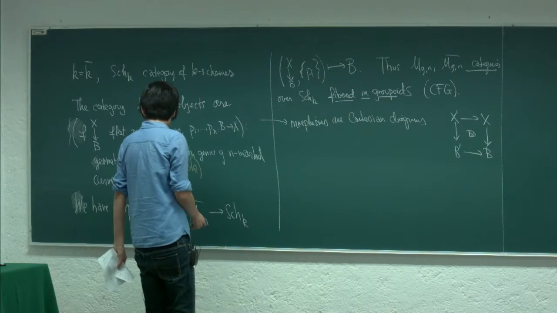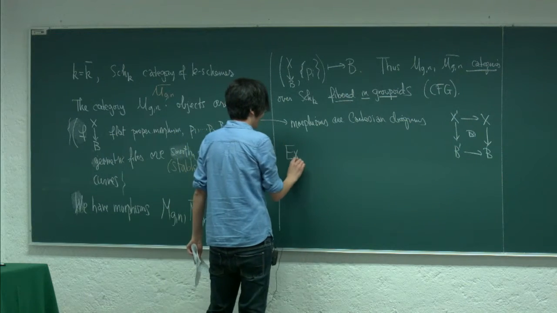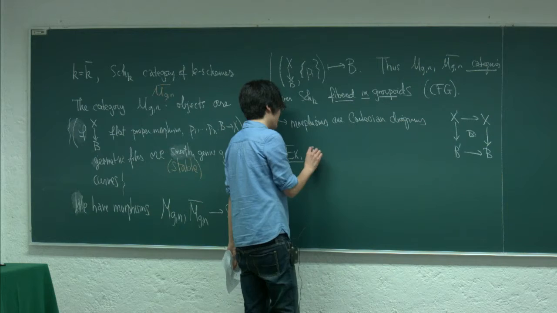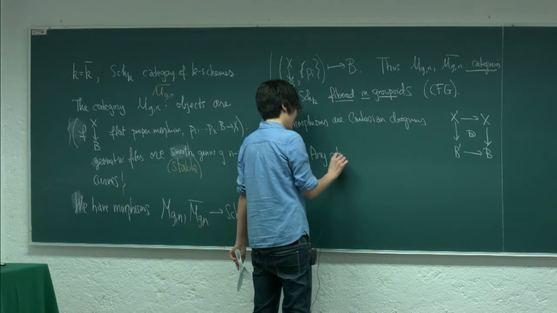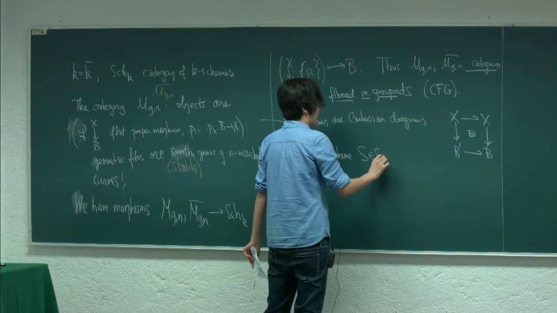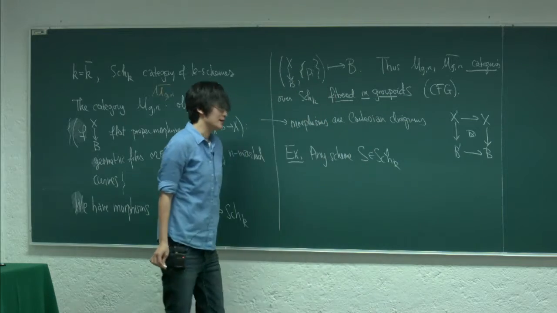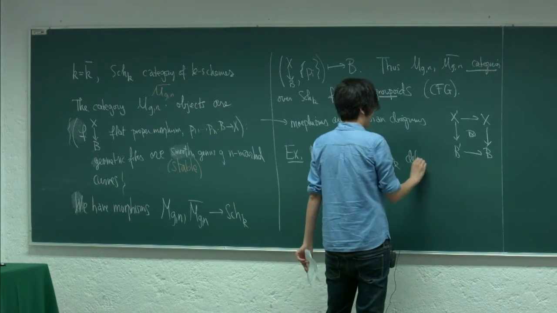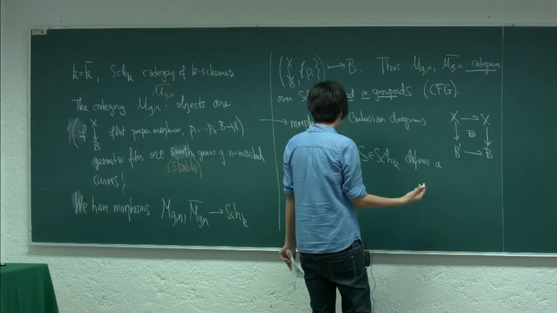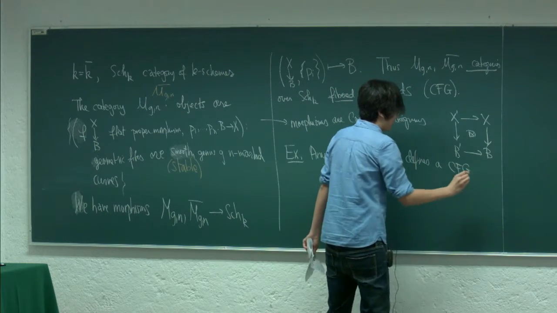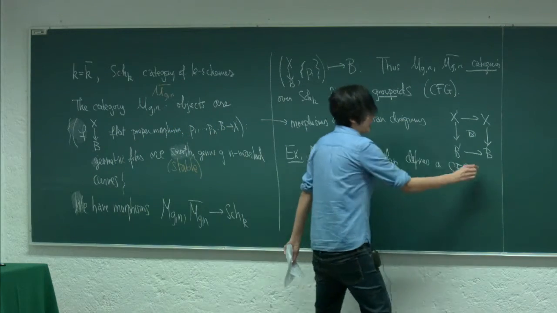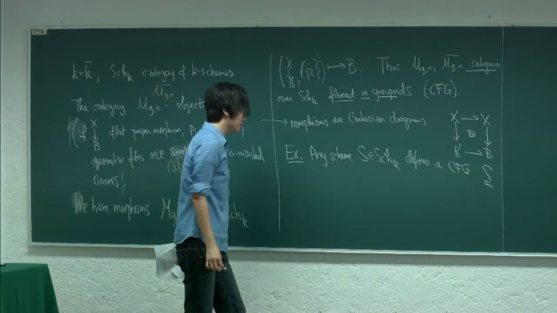Okay. Another example of a category fibered in groupoids is obtained by taking any scheme whatsoever. So any scheme over K defines another category over K schemes, which I claim is fibered in groupoids. And I'll denote it S underline.